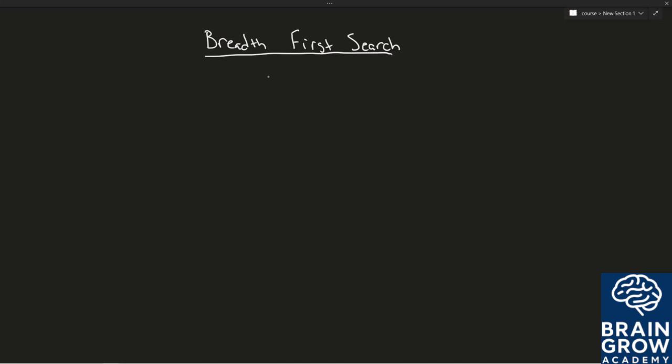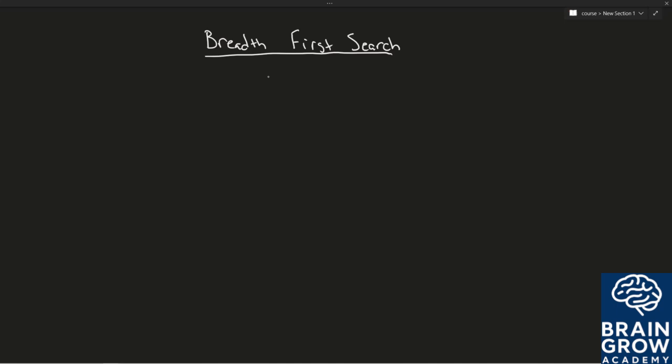So it's going to explore all the nodes at the present depth prior to moving on to the nodes at the next depth level. So that's the difference between depth first search and breadth first search. Depth first tries to go to the end. Breadth first fans out and hits all the nodes at the current depth before continuing on.